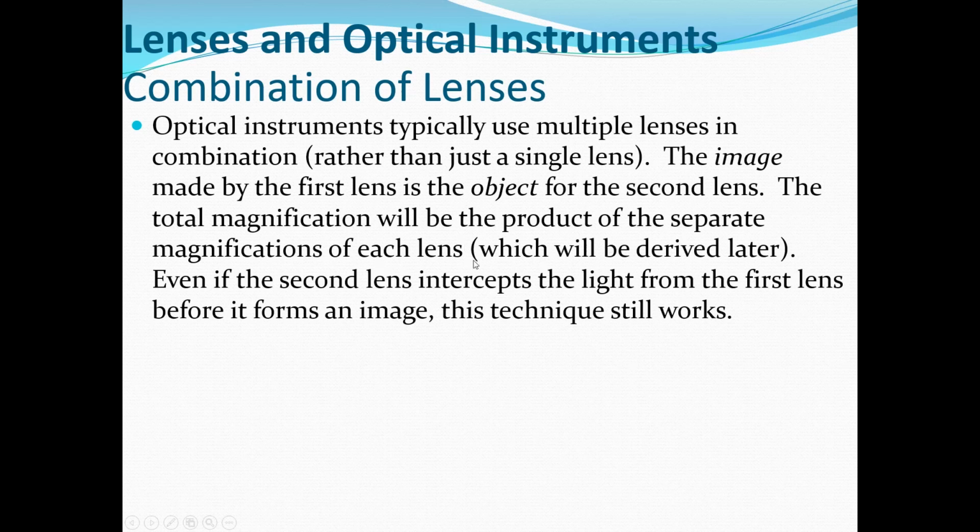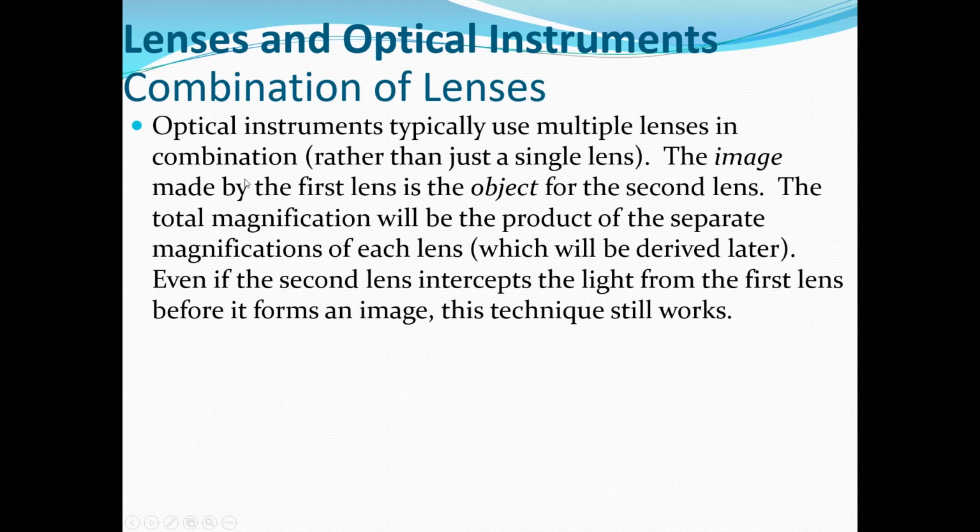And oh, here is pretty interesting. It says, and this is why I made my little caveat mention before, even if the second lens intercepts the light before the image is formed, it still ends up working.